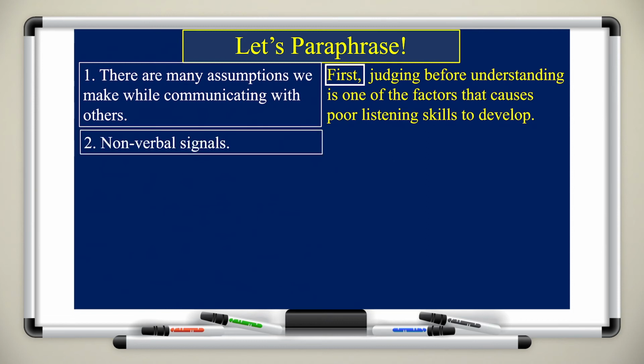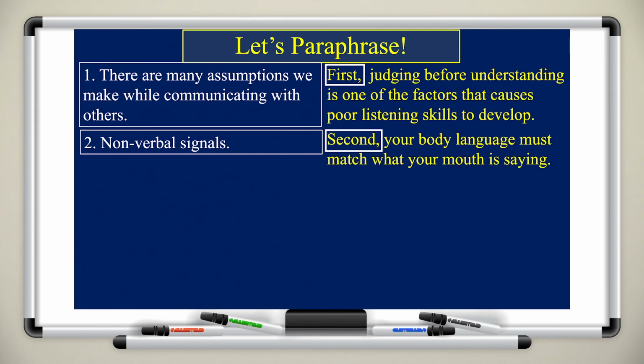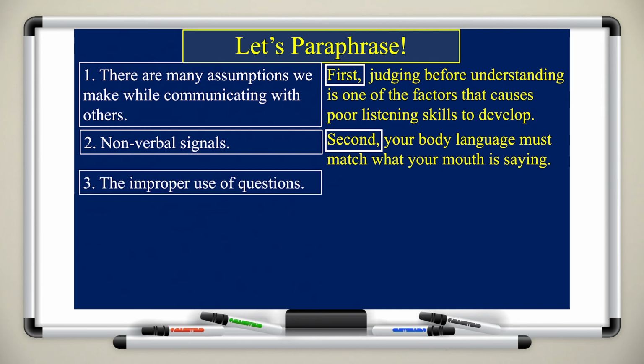Now, the second idea, non-verbal signals. Second, your body language must match what your mouth is saying. Number 3, the improper use of questions. Look at the sentence and how we paraphrase it. Also, asking the wrong questions is another factor.